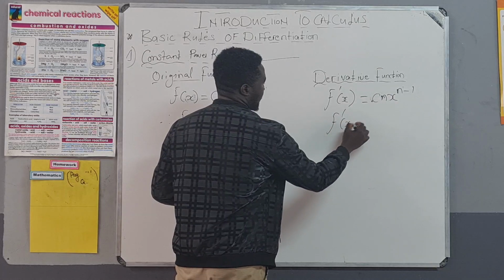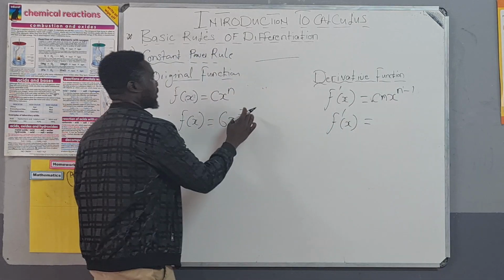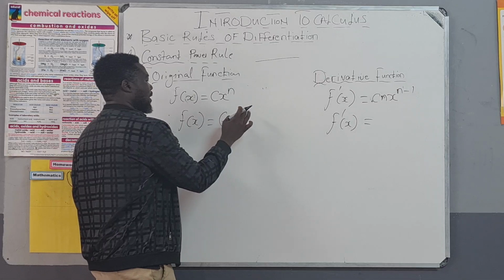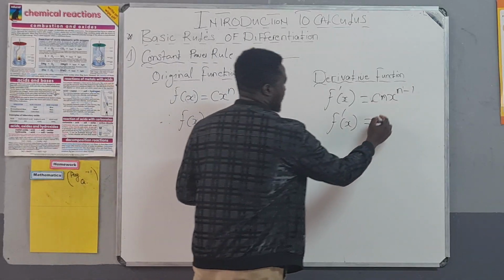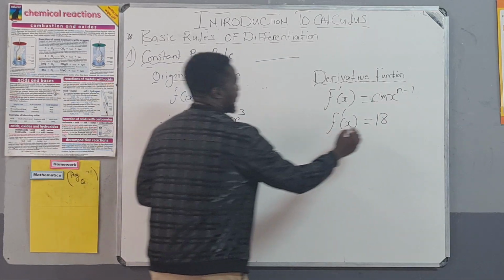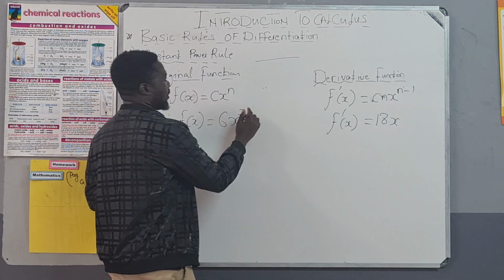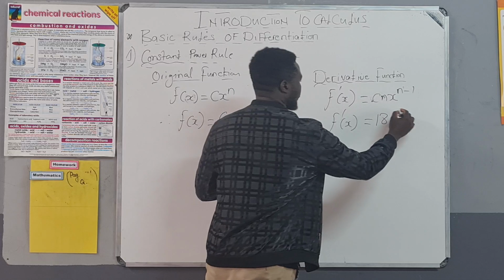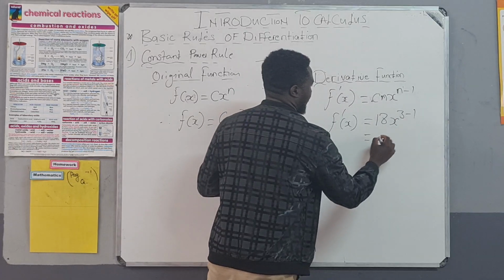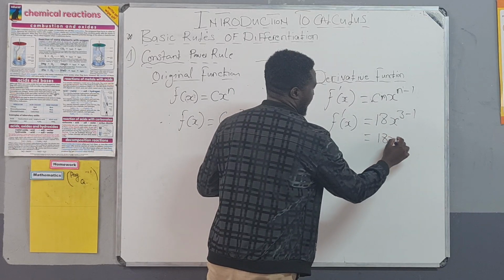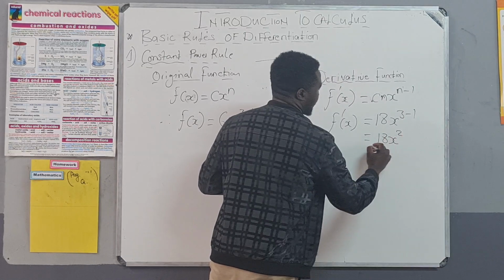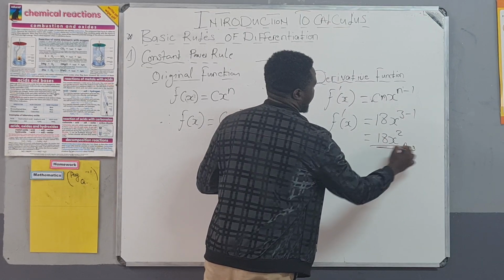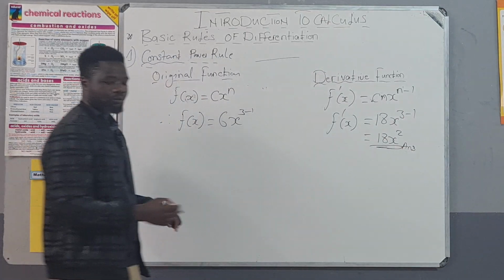You multiply 3 times 6, which is 18, so 18x. Then you minus 1 from the power, 3 minus 1, which is 2. So it will be 18x to the power 2. That is the answer.